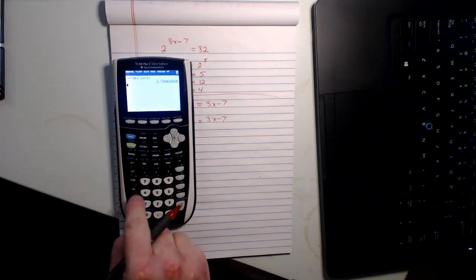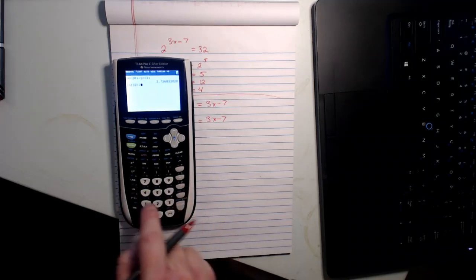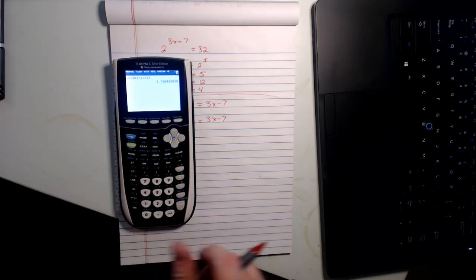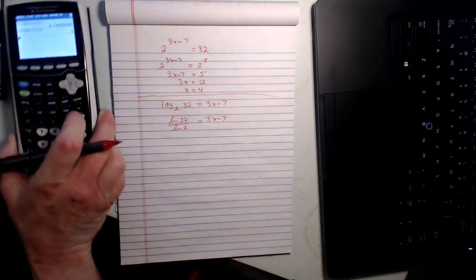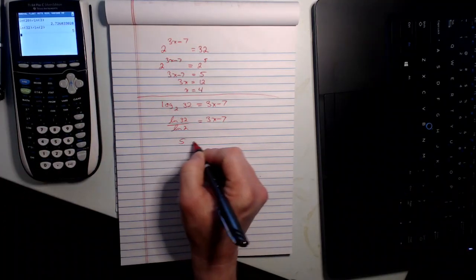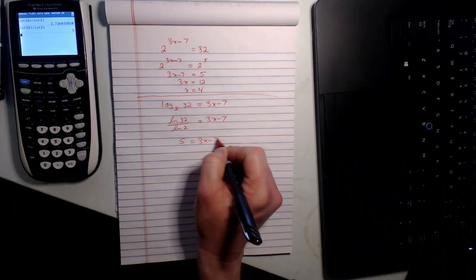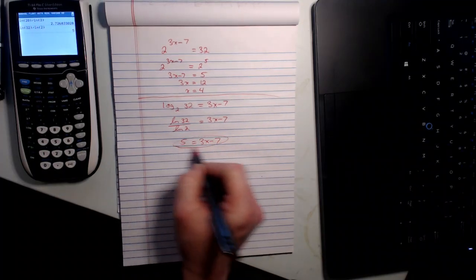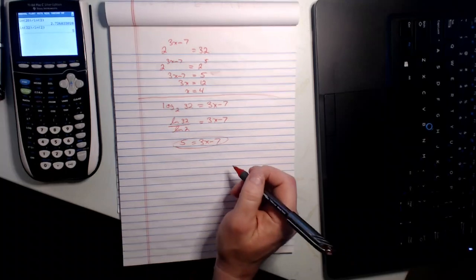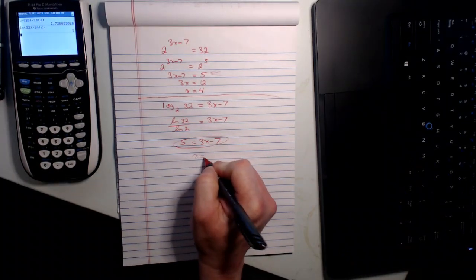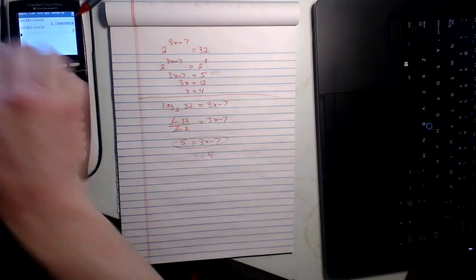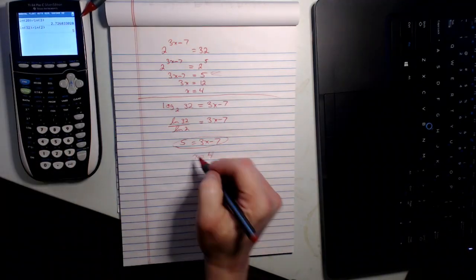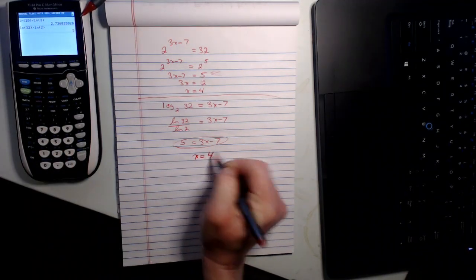So we're going to do natural log of 32 divided by natural log of 2, we're going to get 5. And then we're exactly back to where we were right here. Solve it, and you get x is equal to 4.